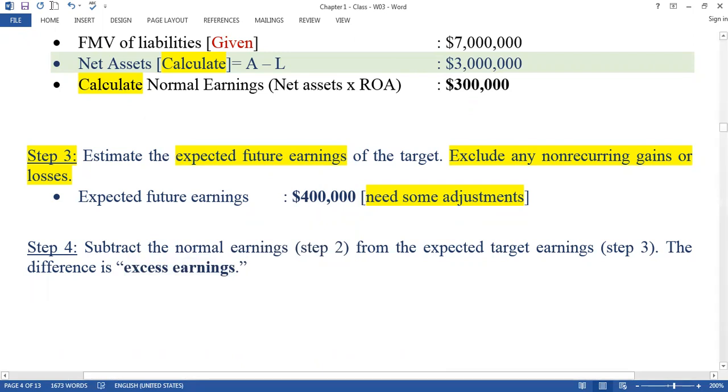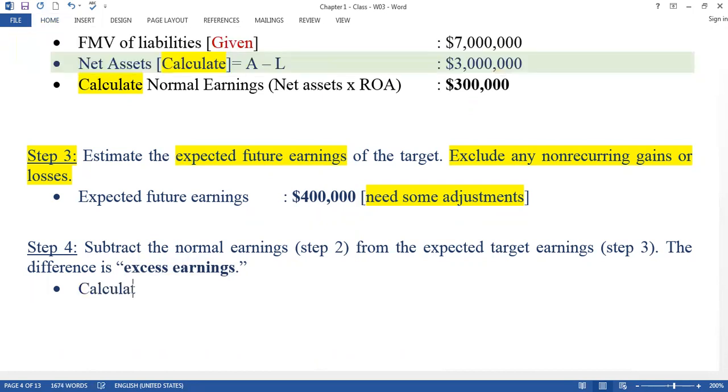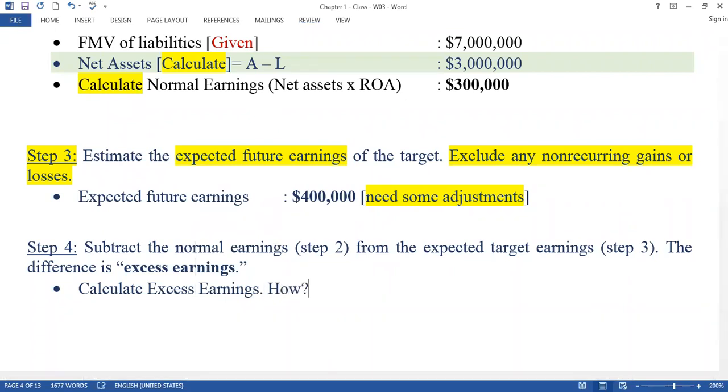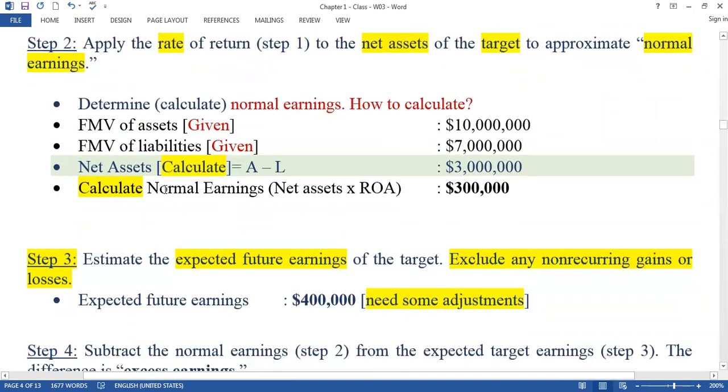So step 4 said to determine or calculate excess earnings. Now the question is how to calculate this. Very simple, we need this information. We need our normal earnings.